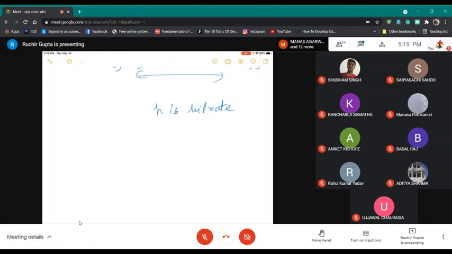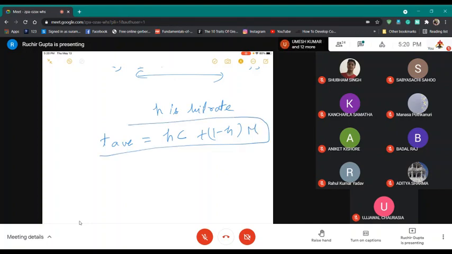So average access time will be H multiplied by the time to access the information in the cache, let's call it C, plus 1 minus H times the time required to access the main memory, let's call it M. So this will be my average time depending on the hit rate.